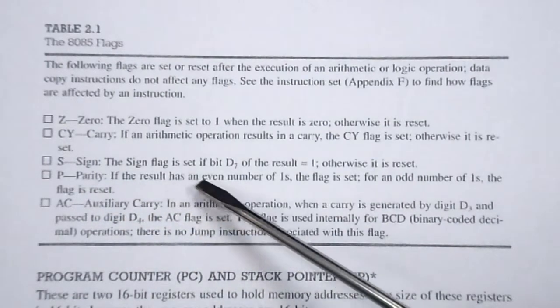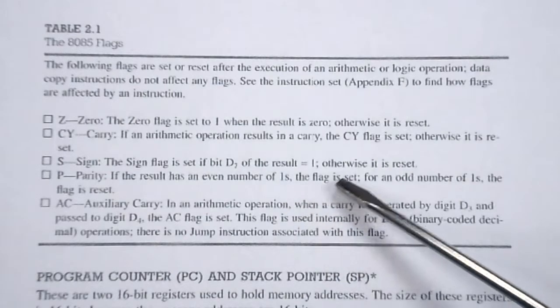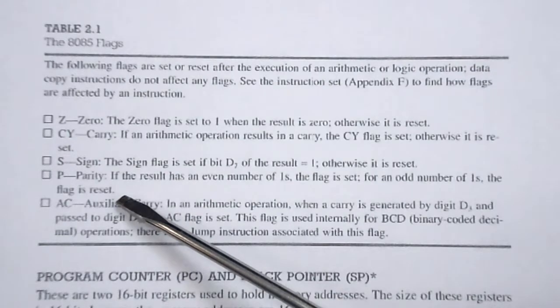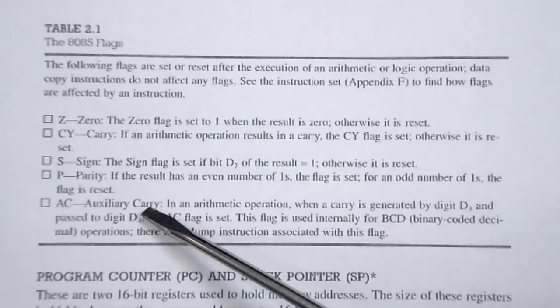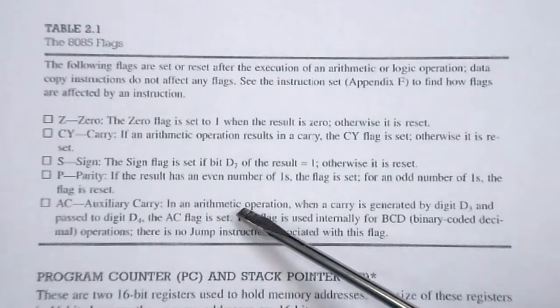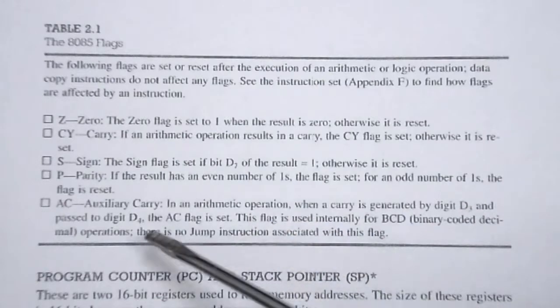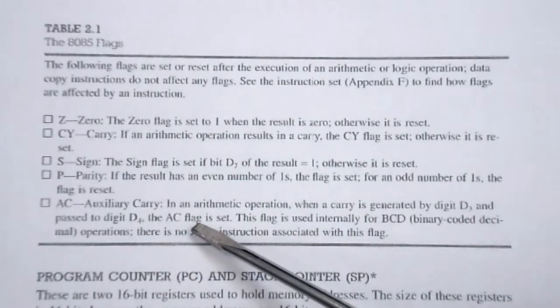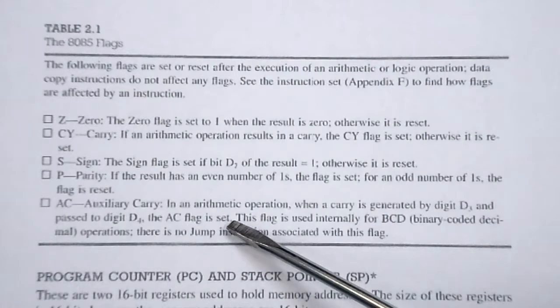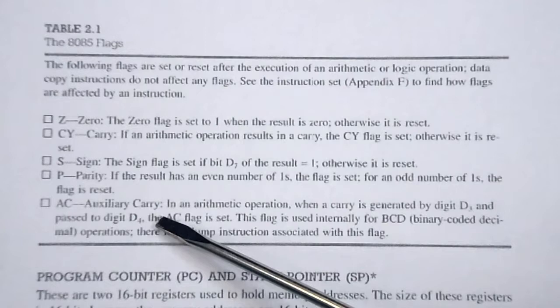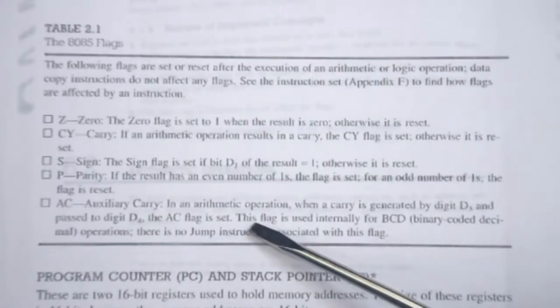Parity: if the result has an even number of 1s, the flag is set; for an odd number of 1s, the flag is reset. The auxiliary carry: in an arithmetic operation, when a carry is generated by digit D3 and passed to digit D4, the AC flag is set. So this isn't byte plus byte, this is nibble plus nibble. If the result of the two nibbles is greater, then we're going to have an auxiliary carry flag.